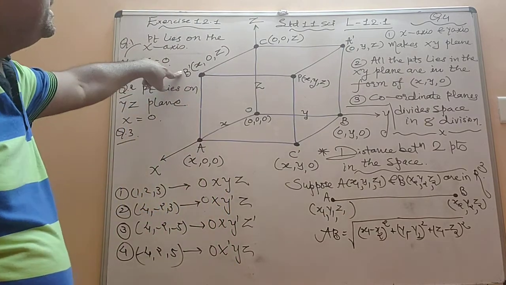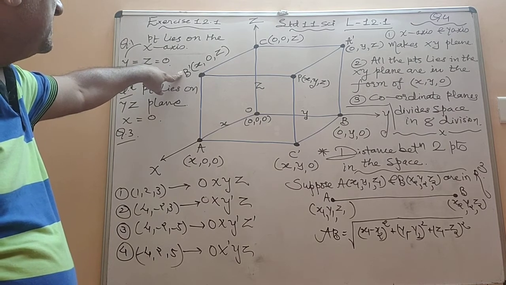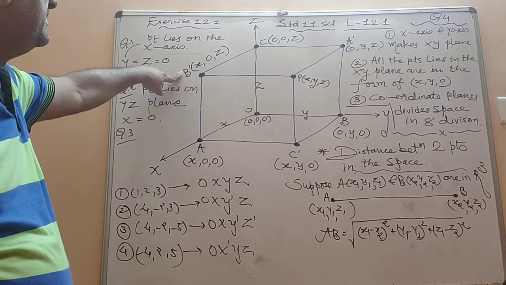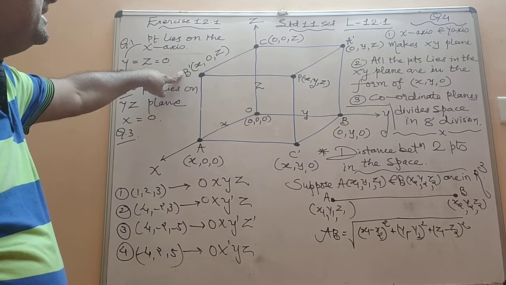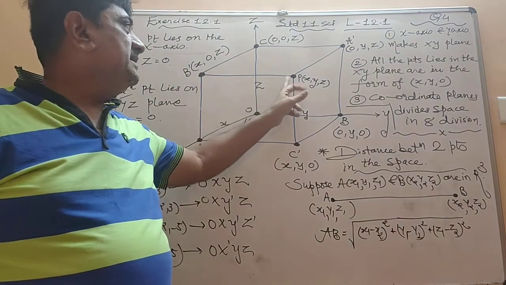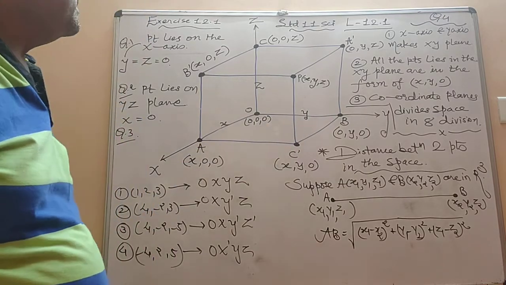And B dash lies in the xz plane, so x component x, y component 0, z component z. Only the P point lies in the space whose x, y and z components are x, y, z.